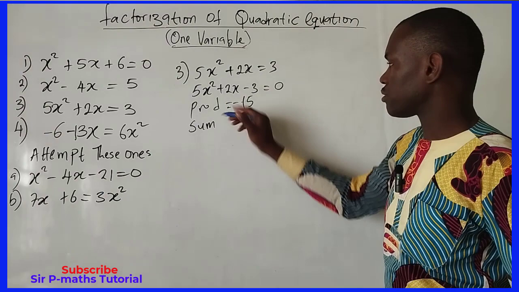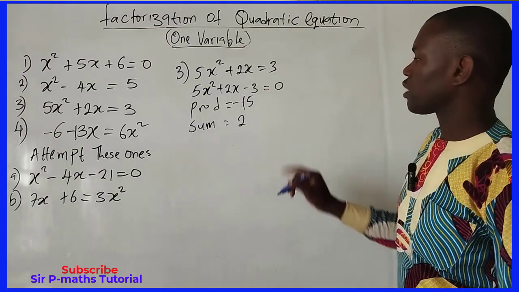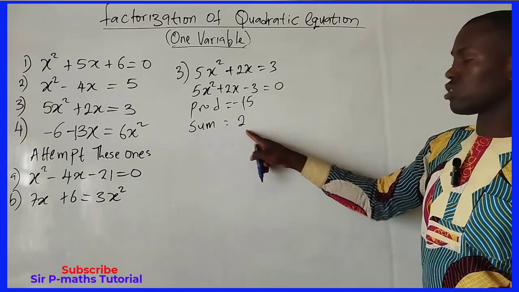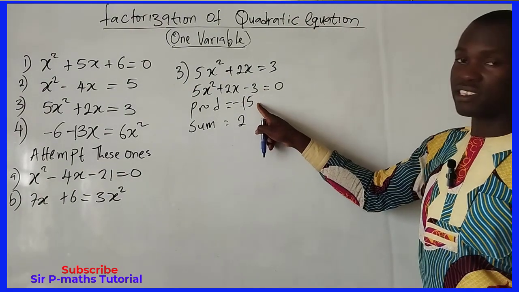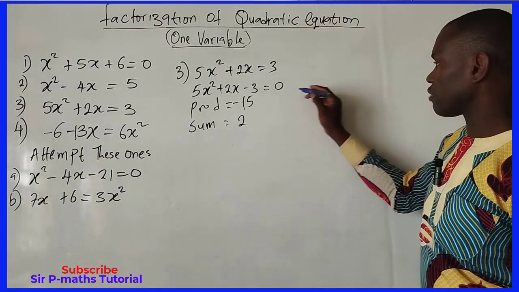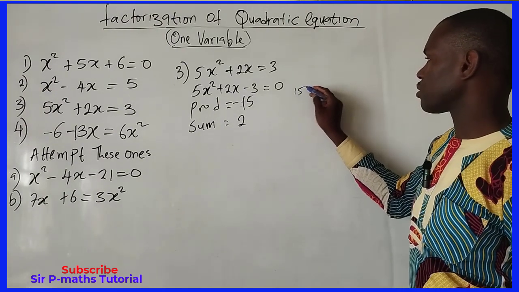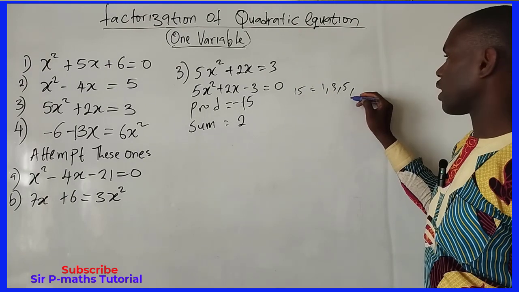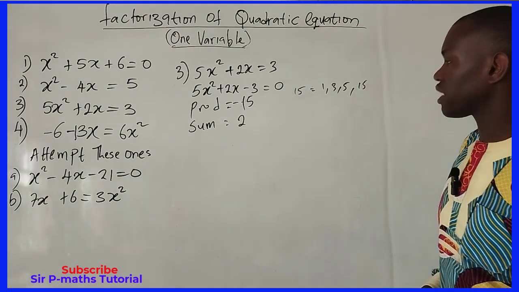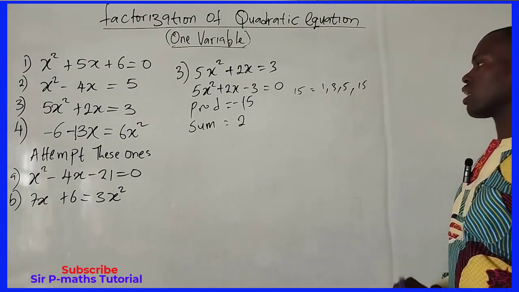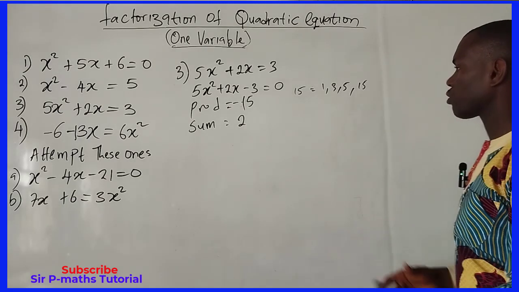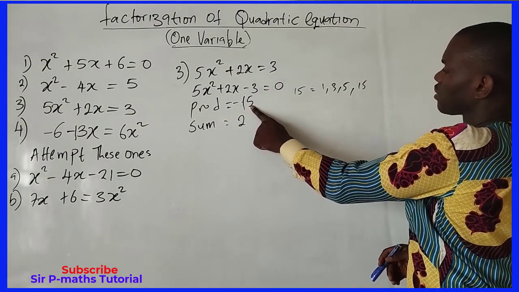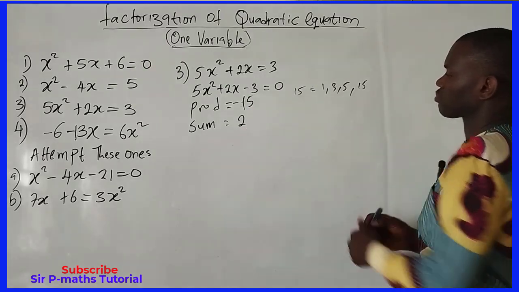Then my sum remains 2. Now we check for two factors of 15 that will add to have 2. If we multiply, we have negative 15. Now the factors of 15 will be 1, 3, 5, and 15. These are the 4 numbers that are the factors of 15. So how do we combine it in such a way that we'll get 15 when we multiply, then when we add, we have 2?